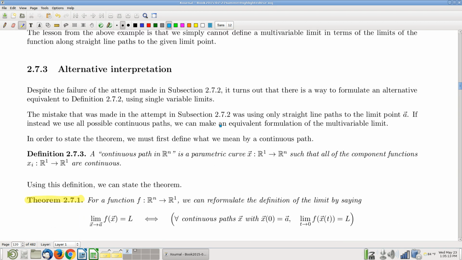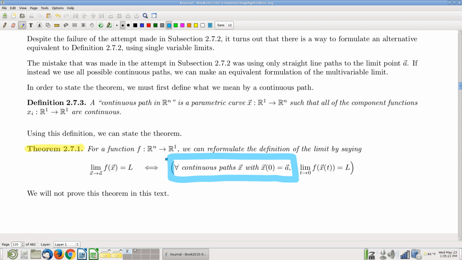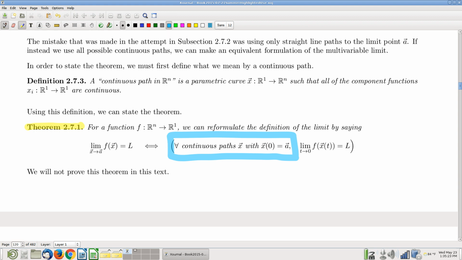The way to fix that is instead of considering just straight line paths, if you consider all possible paths, and let me draw a picture just to emphasize.